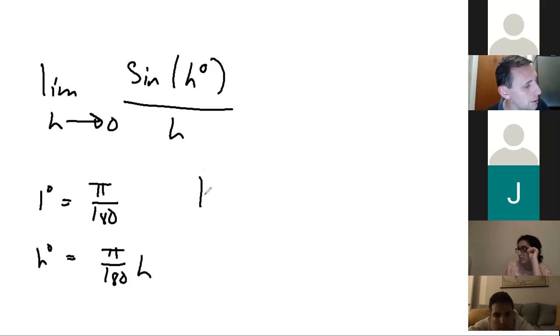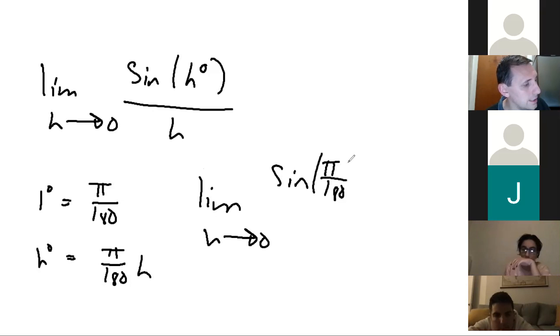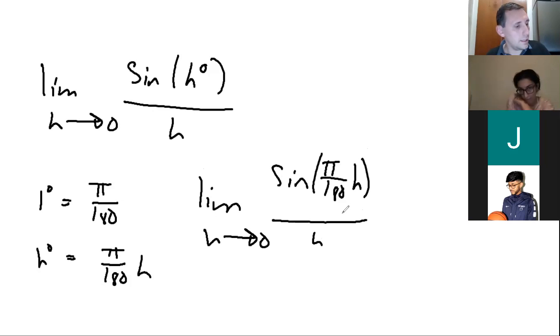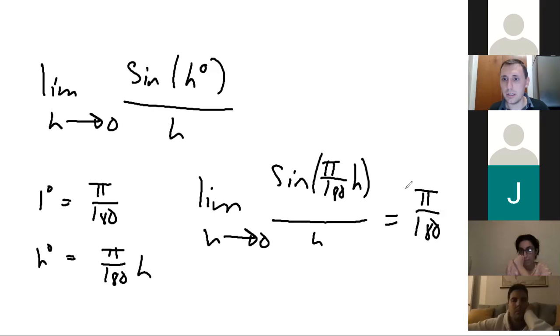So what I'm dealing with here is the limit as h goes to 0 of sine of pi over 180 h divided by h, and that equals pi over 180, because you see I can just multiply and divide by pi over 180. Do you understand how I did it? So the answer is pi over 180.